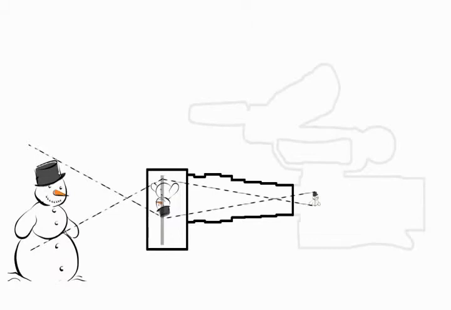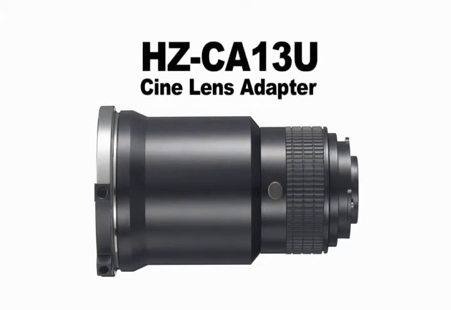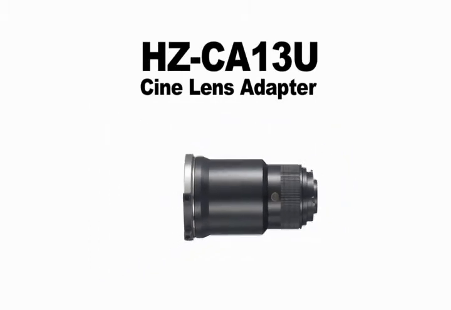So what would happen if the ground glass was taken out of the optical path? The engineers at JVC have done just that and released the HZ-CA13U Cine Lens adapter. This new Cine Lens adapter has no ground glass or focusing screen.